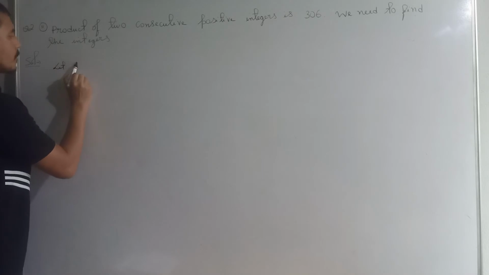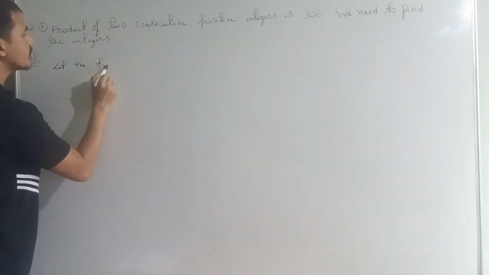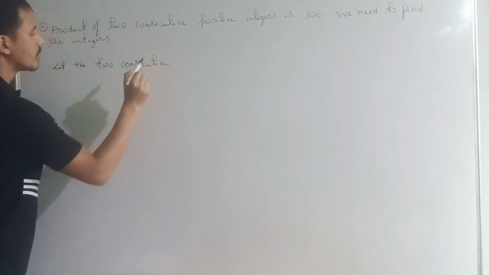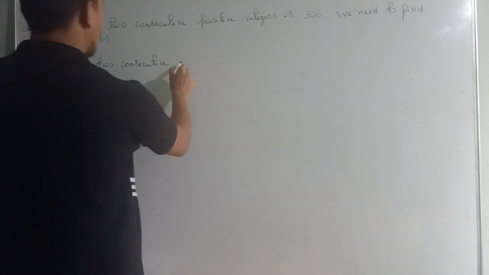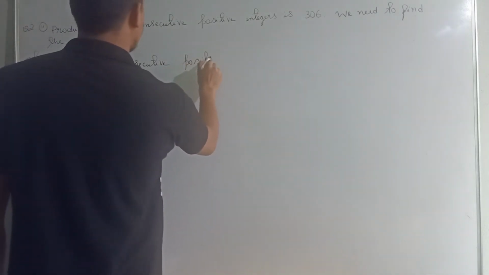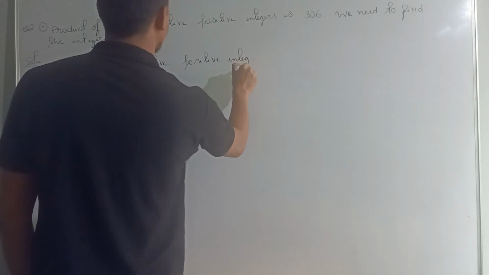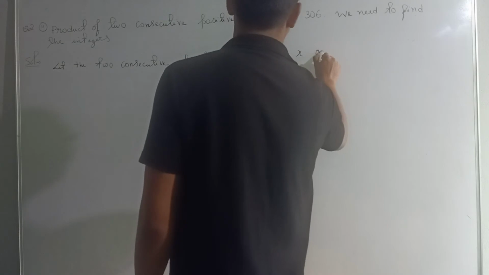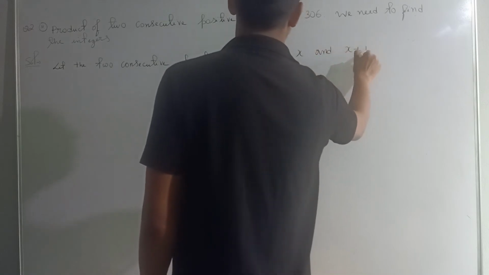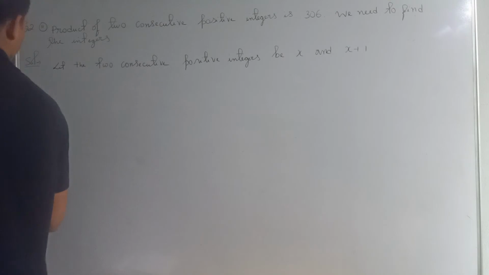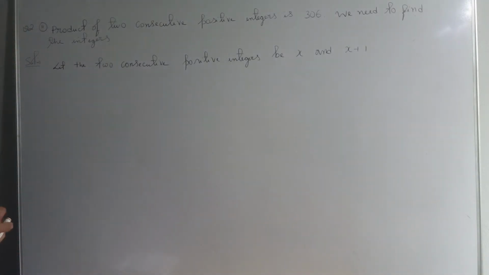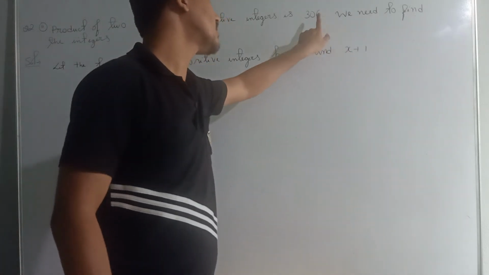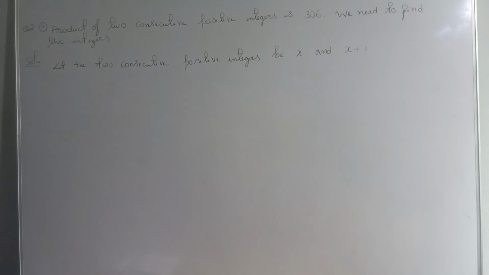So I'm going to write, let the two consecutive positive integers be x and x plus 1. Question says the product of these two integers is equal to 306.